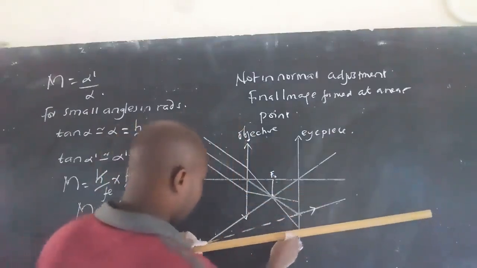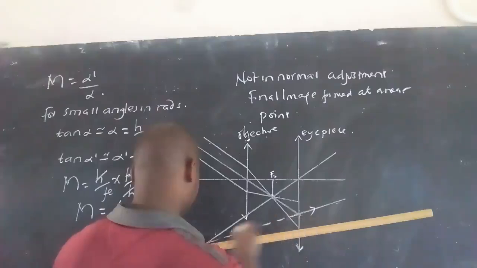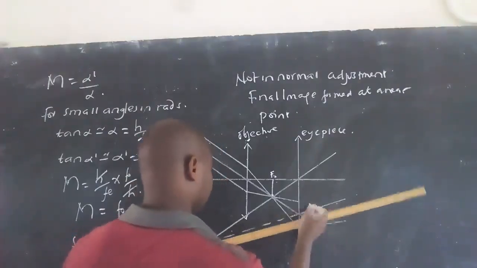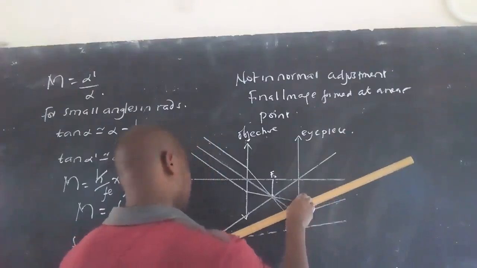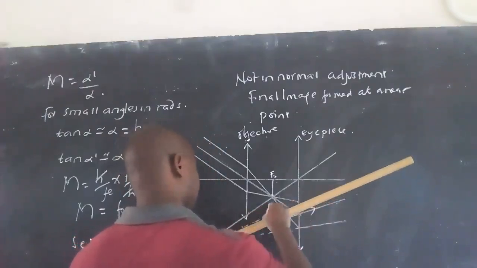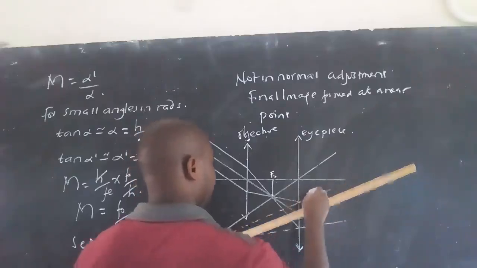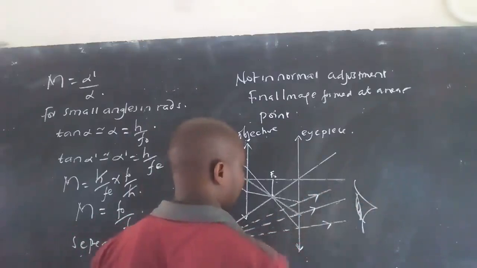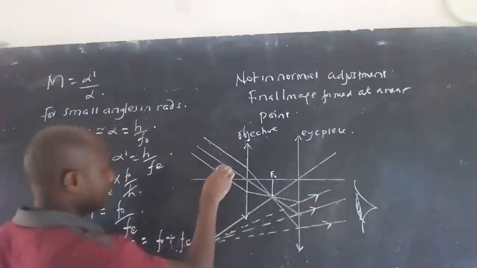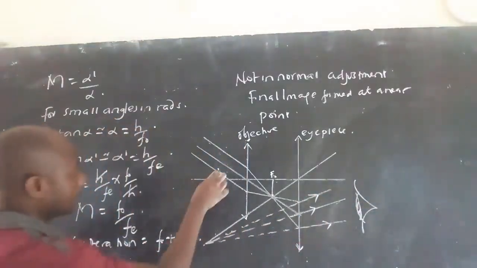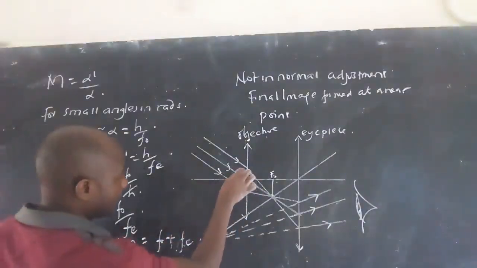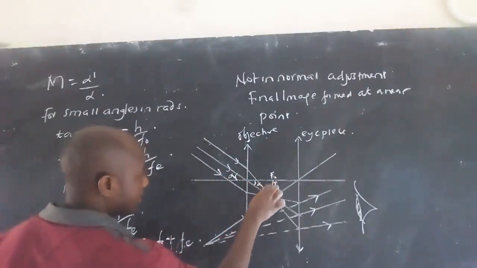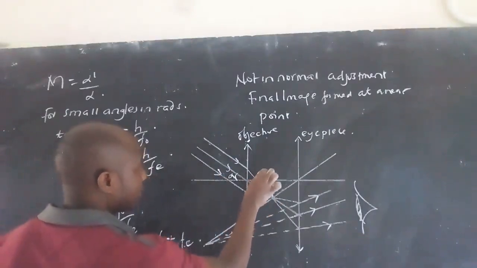Then here we shall also do the same. Then we shall have this. We shall say this is alpha, this is alpha, this is image I, this is H, but then it is inside FE.